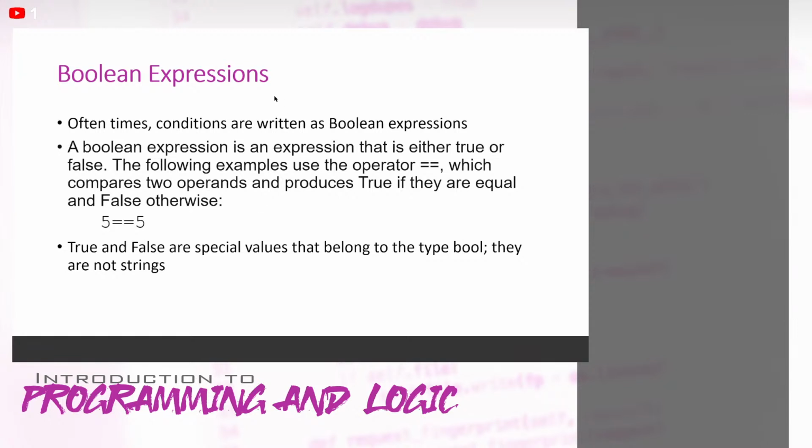Now we do have a key difference here in terms of something else that we've looked at previously. When we assign a value to a variable, we use one equals sign. One equals sign in programming is an assignment.